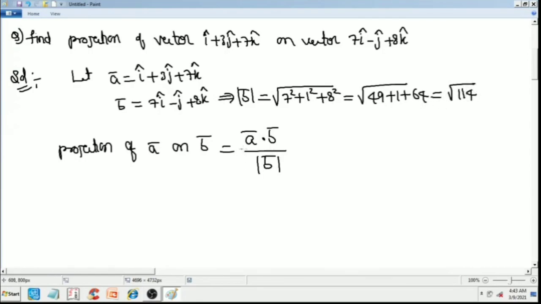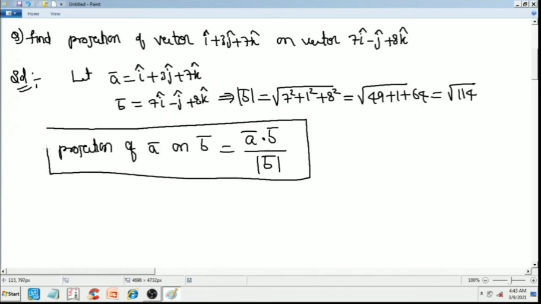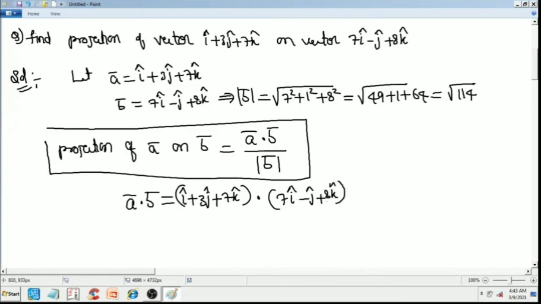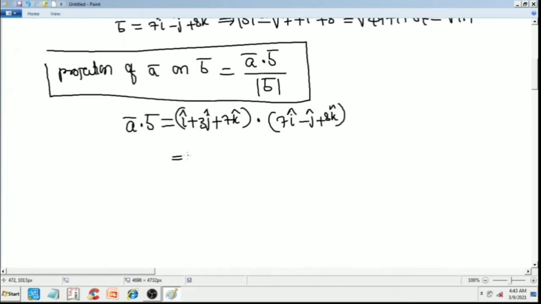Okay, next a dot b. This is the formula. Dot product a dot b equals i plus 3j plus 7k dot 7i minus j plus 8k. Multiply coefficients: 1 into 7, 3 into minus 1, plus 7 into 8.